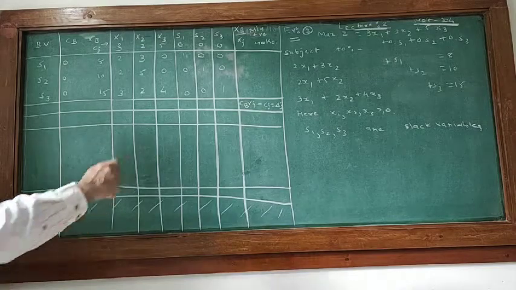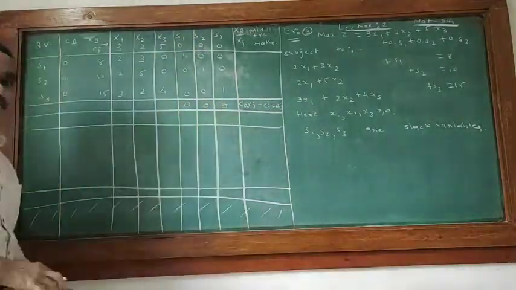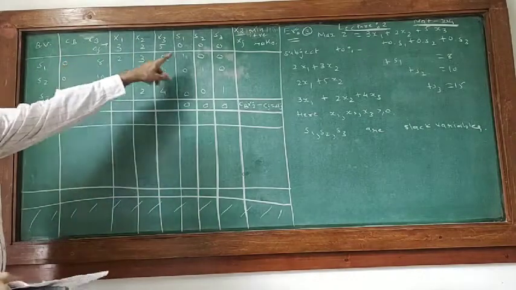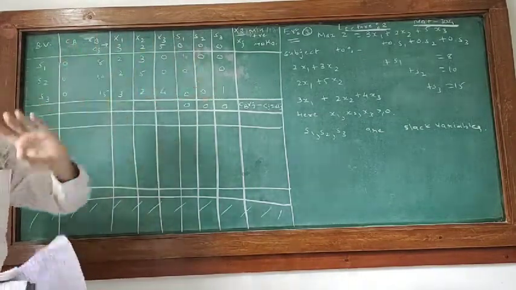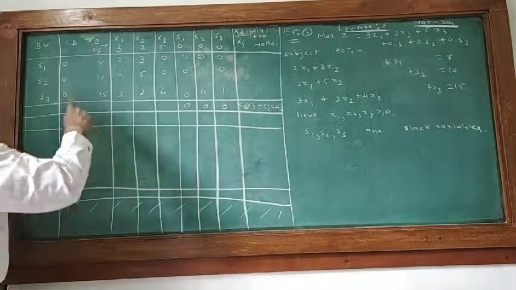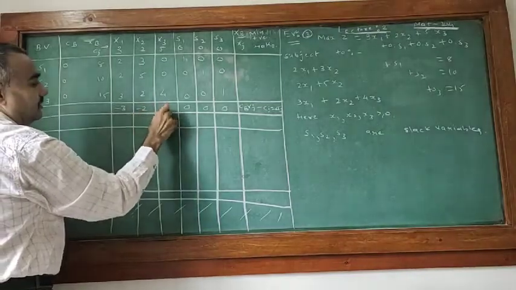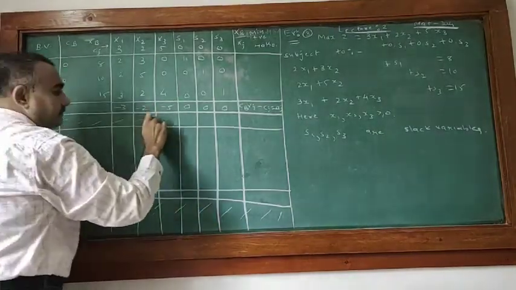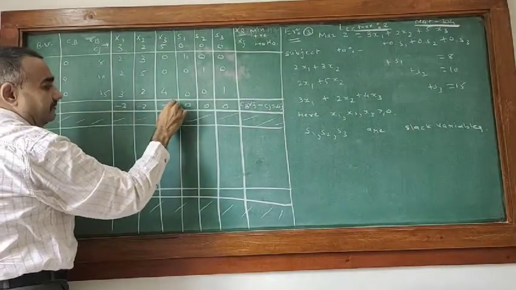So delta j of basic variables are 0. You can see here 0 into 1, 0, 0, 0, 0, minus 0 for s1, s2, s3. Now here it is minus 3, minus 2, minus 5. So this is the most negative.